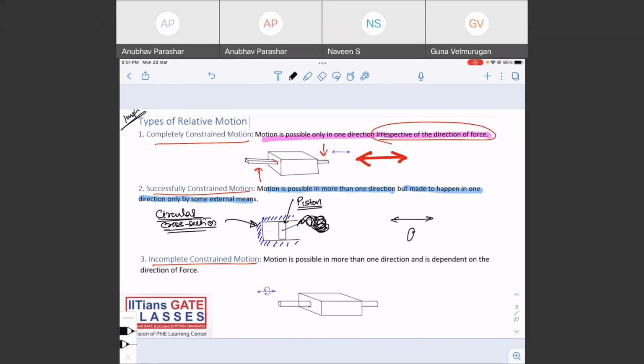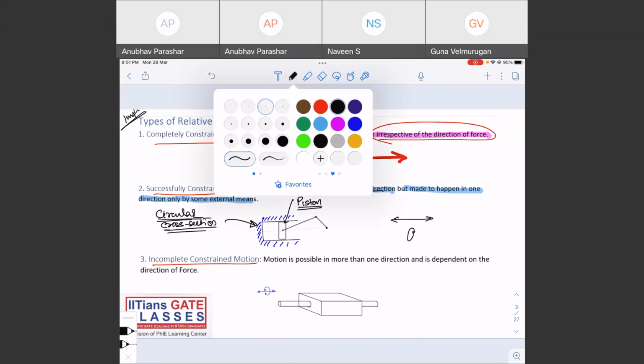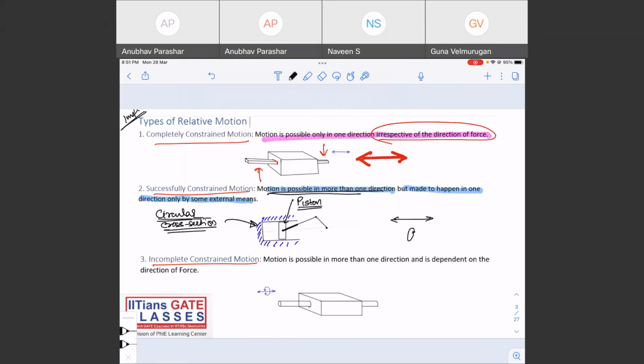So motion is possible in more than one direction. But now if you connect the connecting rod, my dear friends, and then fix it to the crank, now tell me how many motions are possible.